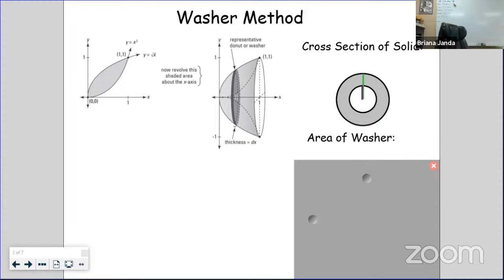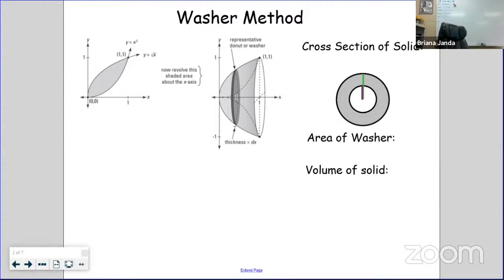So we do have to alter a little bit. Now back in geometry, I am sure this is one of the most standard questions as you're finding area of shapes: taking the whole circle, finding its area, and then subtracting out the little unshaded part in the middle. That is ultimately what we are going to be doing. So the area of our washer will come from looking at these two.